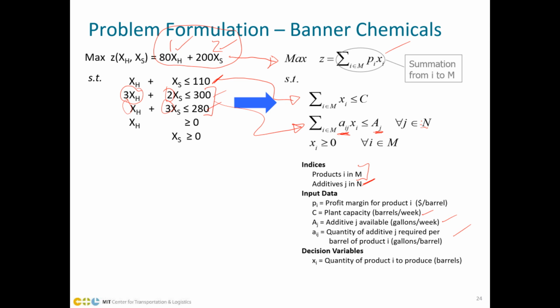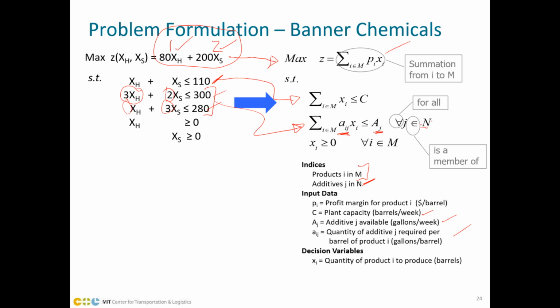Now these signs over on the right, you might not have seen these before. This little upside down triangle looking thing says for all. And this little sign here is a membership sign. So the way you say this is, sum for all the i's, aij times xi has to be less than a sub j for all the j's in n.